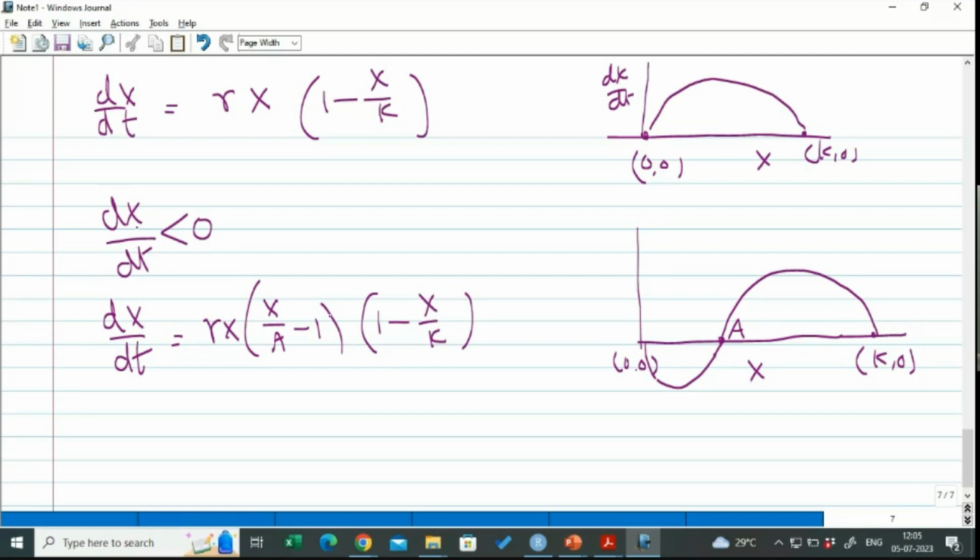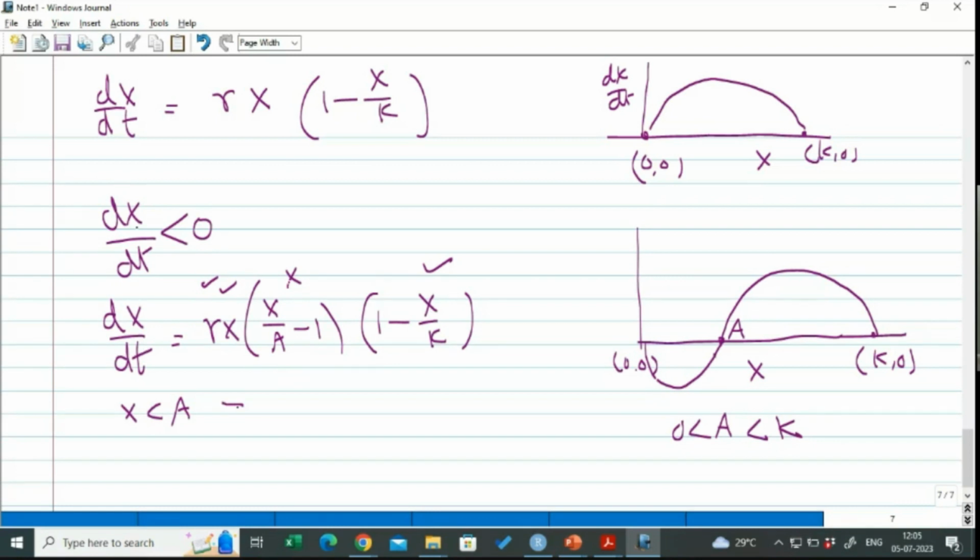As you see, when x is less than A, this factor will become negative. Rest everything is positive, and A lies between 0 and k. So if x is less than A, everything is positive, but this factor is negative.